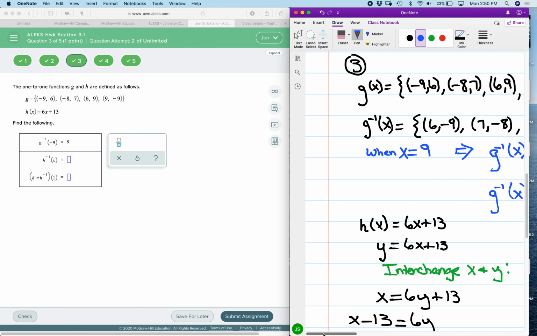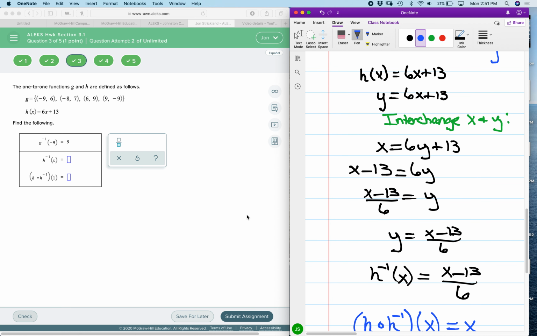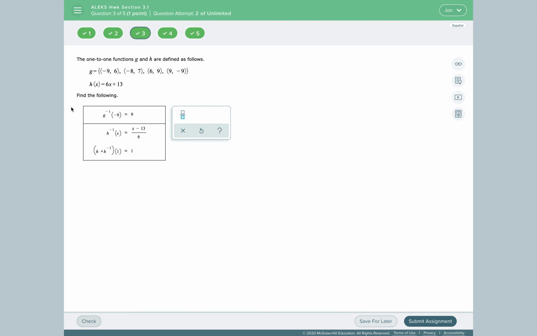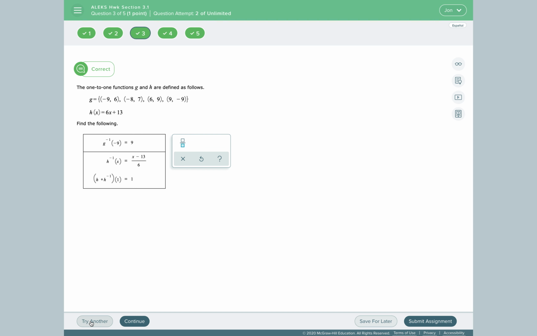And for the inverse of h of x, we have x minus 13, dividing by 6. And for the composition between h and its inverse, a composition between a one-to-one function and its inverse gives an output that is the same as the input, so it comes out to 1. Upon checking, the result is correct.